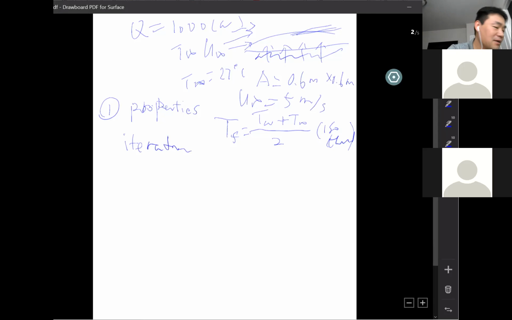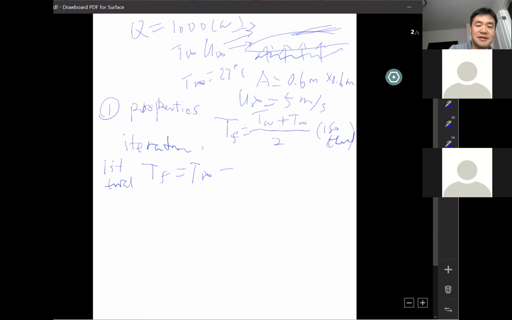Since you don't know the wall temperature, for the first try, you can simply use the outside temperature as your film temperature. You have no choice, because that's the only temperature in this problem you have.